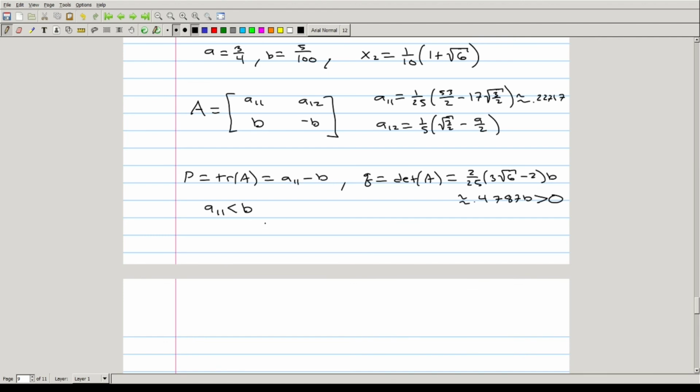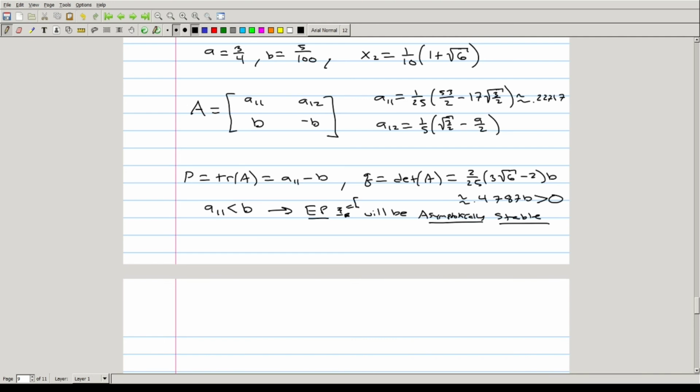A11 minus B will be negative, and therefore this equilibrium point will be asymptotically stable, which means solutions close to it should converge into that point.